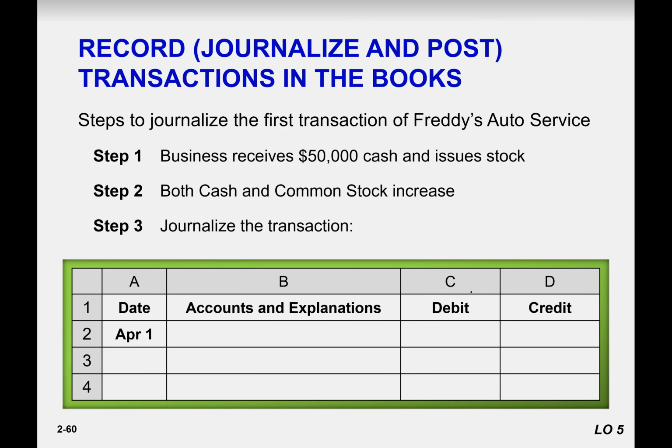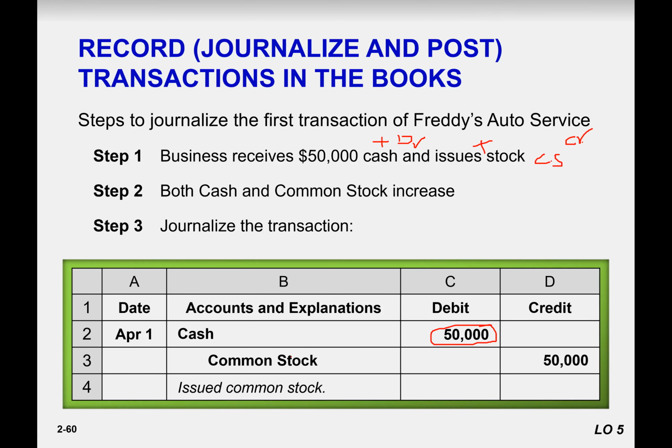Cash, an asset, increases, and common stock also increases. When common stock increases, credit. When cash increases, debit. So first we write the word cash on the debit side, 50,000. And then we write on the credit side common stock, or capital.